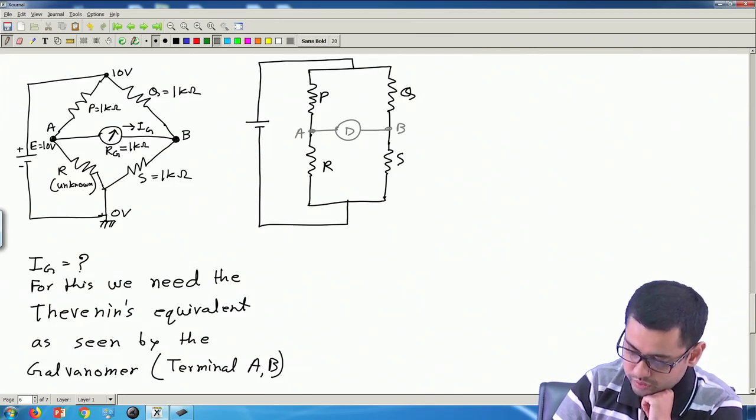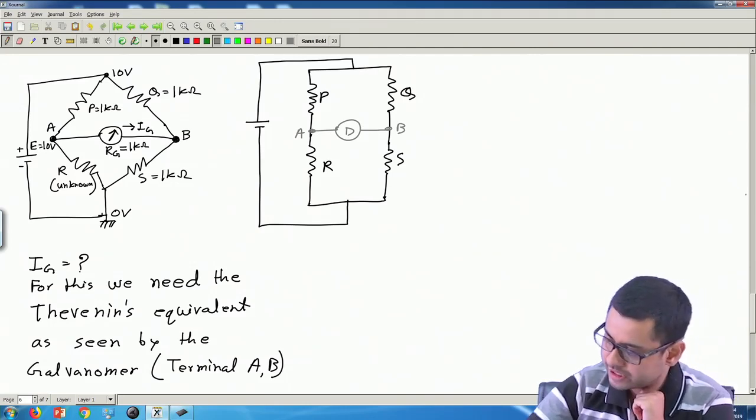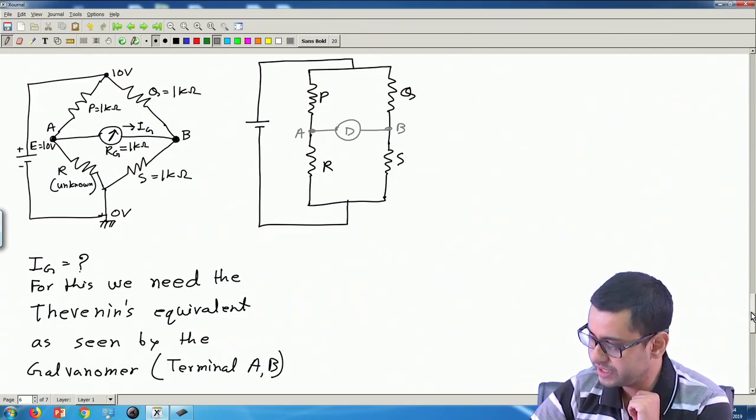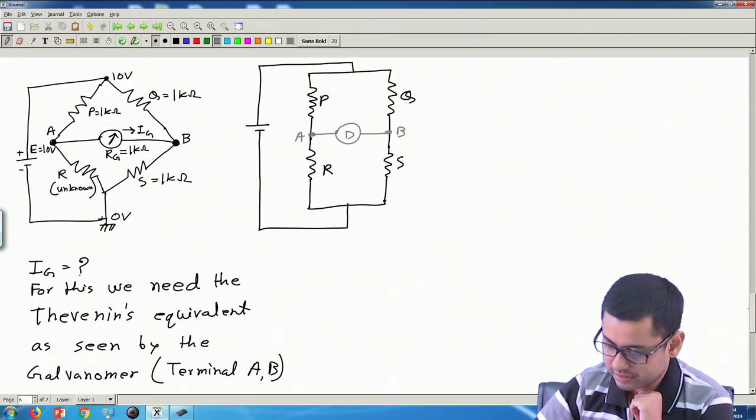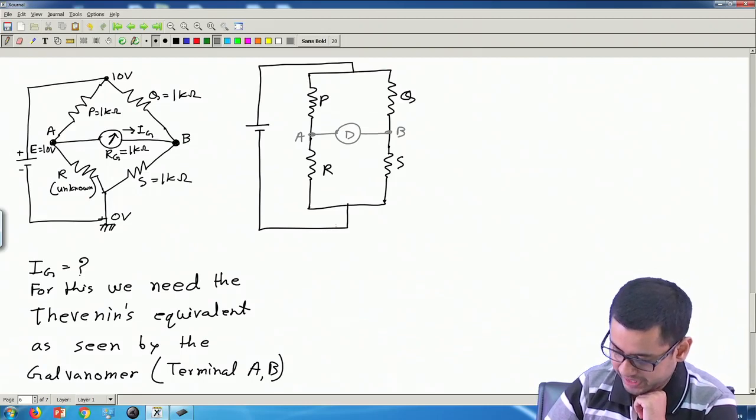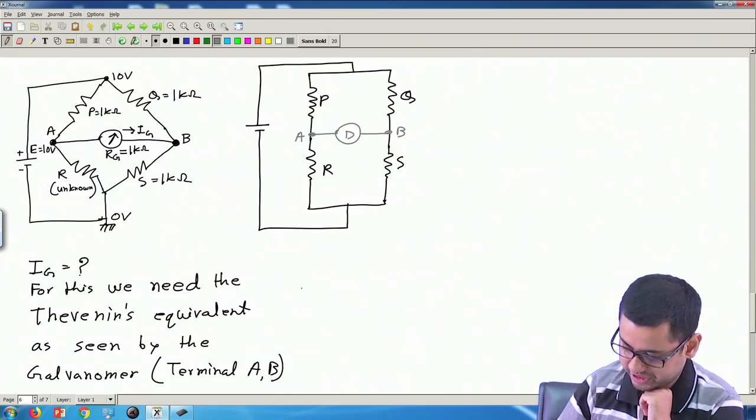And now, we need 2 things. We need the Thevenin voltage and the Thevenin resistance.